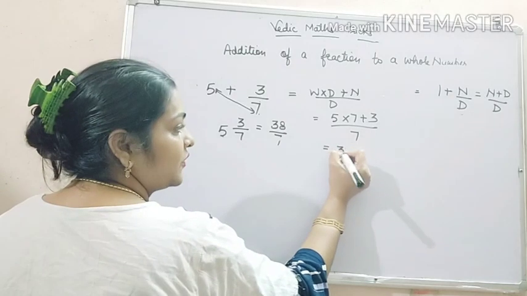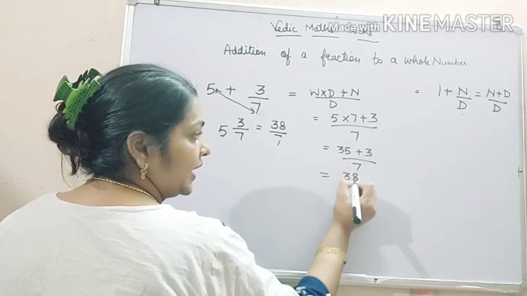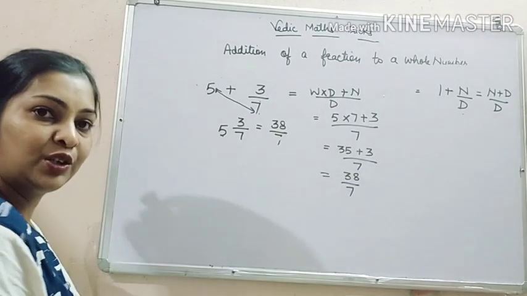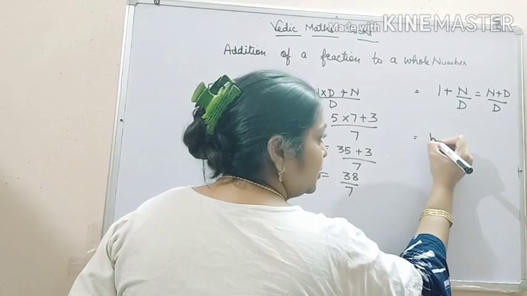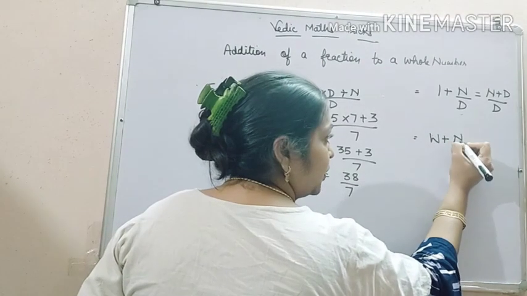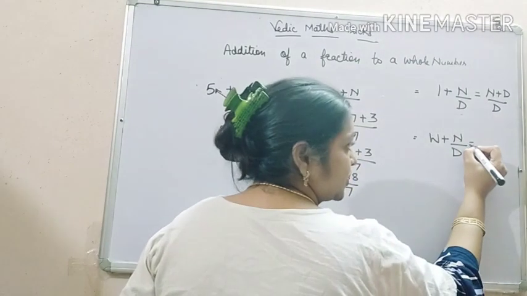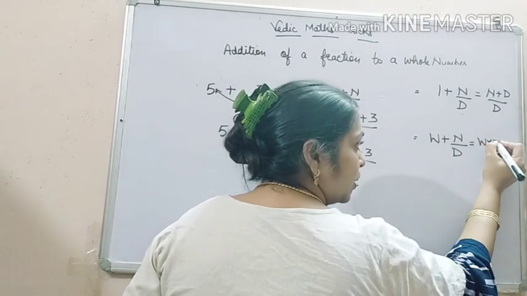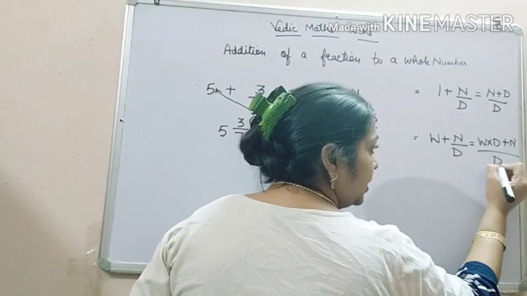That is 35 plus 3 upon 7, 38 by 7. So you can note down the formula for this also. When you add any whole number to numerator upon denominator, that means any fraction, your answer will be whole number into denominator plus numerator upon denominator.